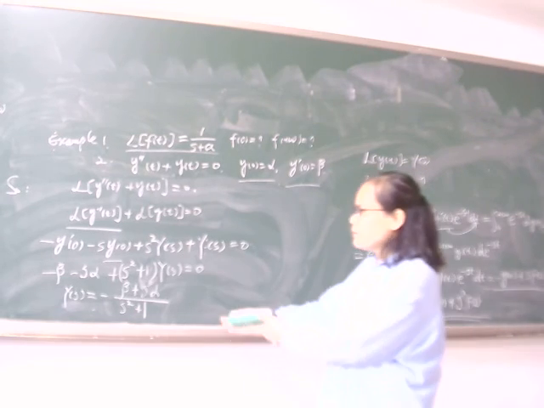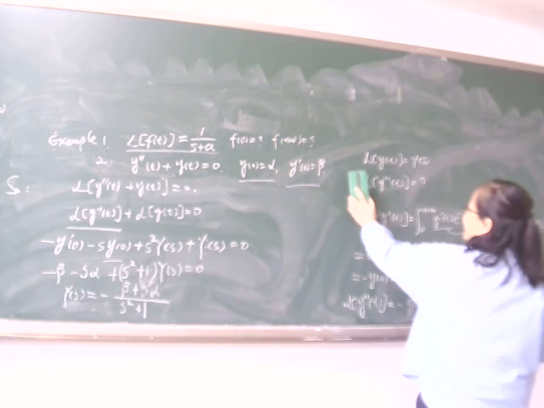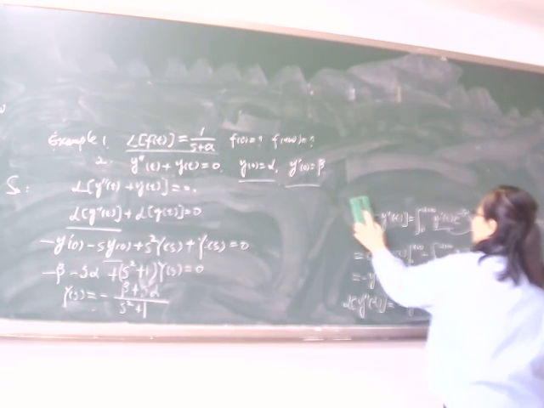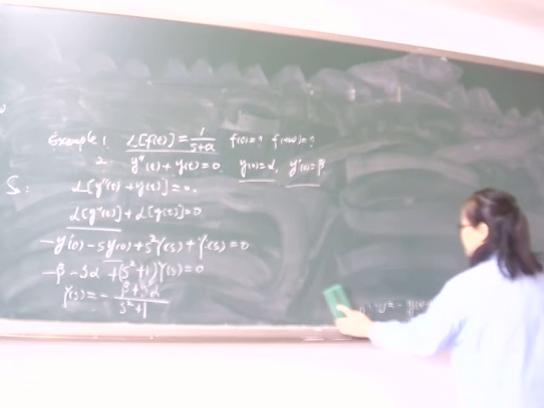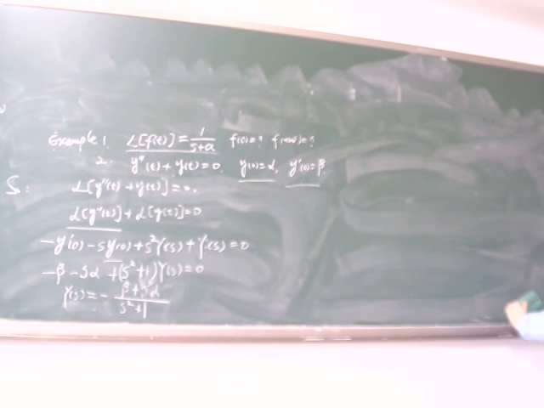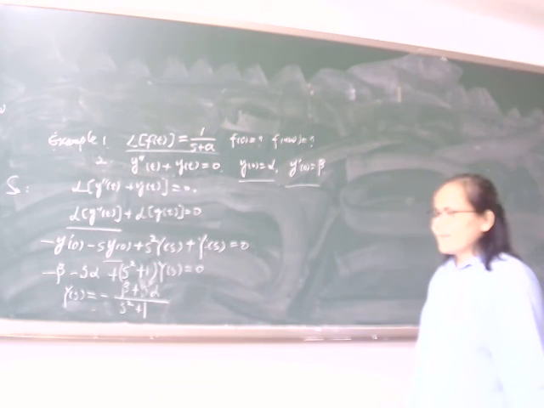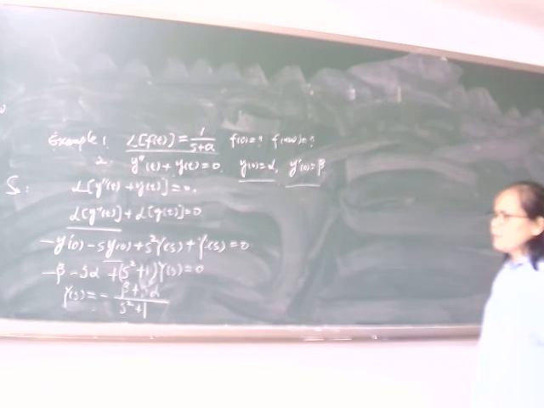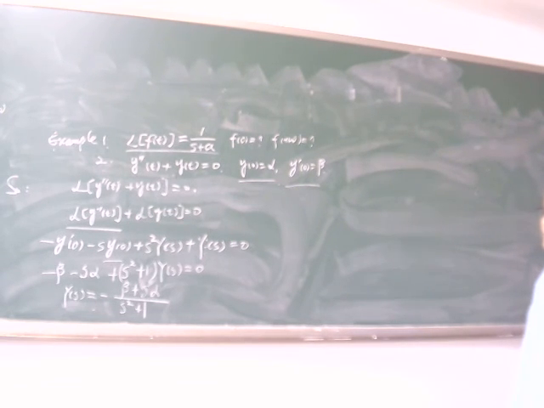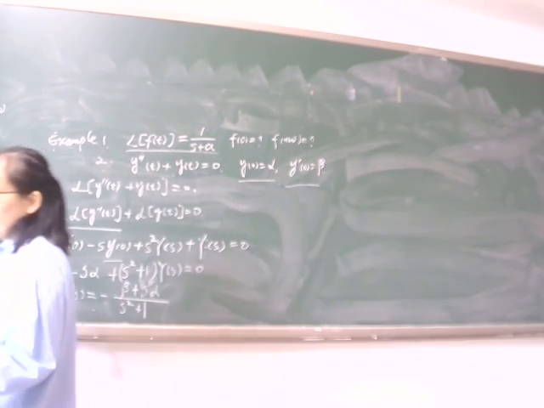Now how do we invert this transform? I remember cosine beta t or sine beta t.